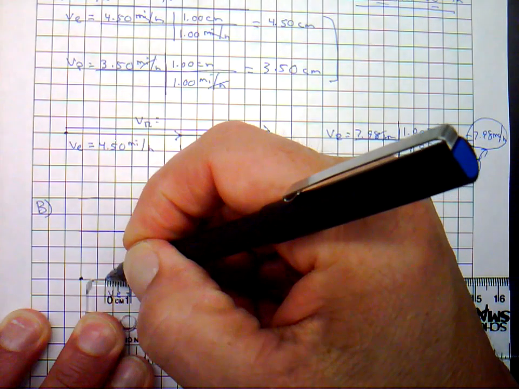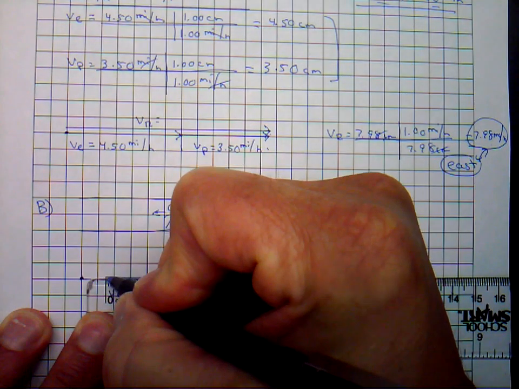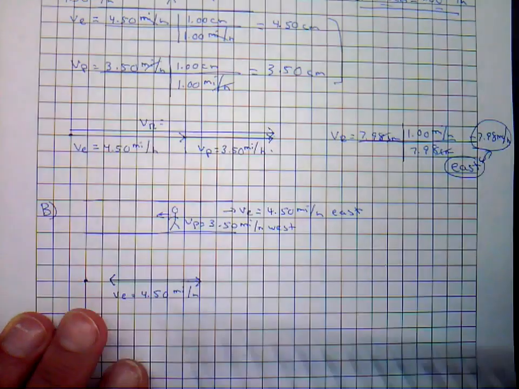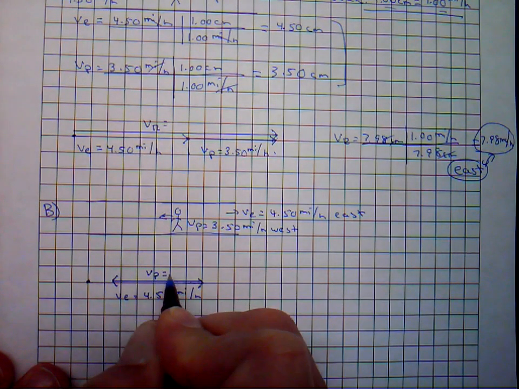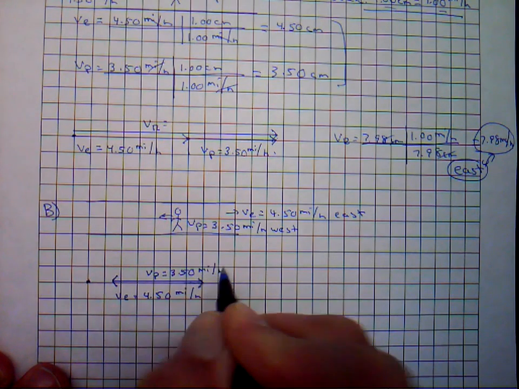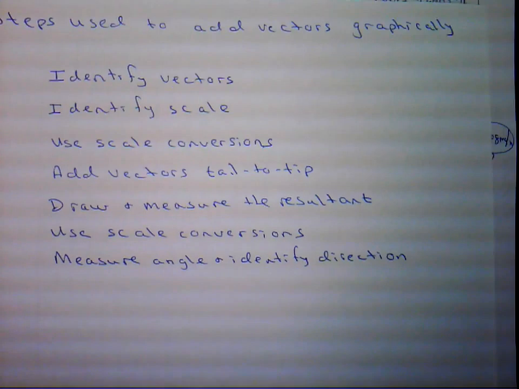I'm going to be at this point here. Technically it should be directly on top of the first vector, but I'm going to draw it just a little bit above it so you can actually see it. This is the velocity of the person, 3.50 miles per hour, and the vector is pointed west.